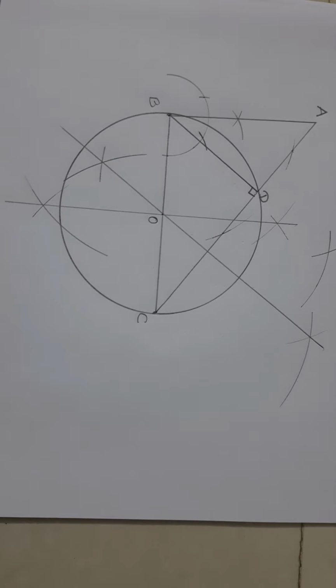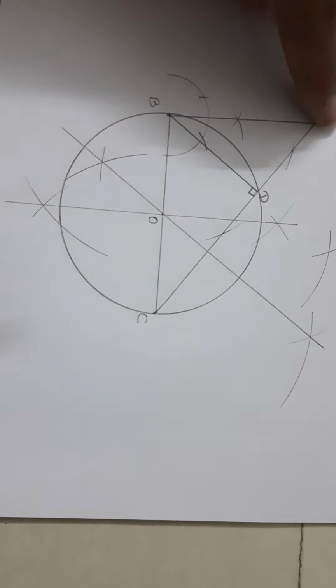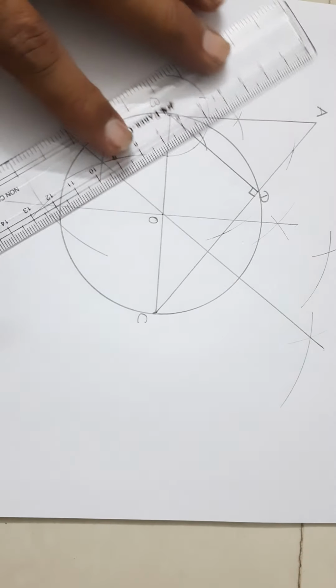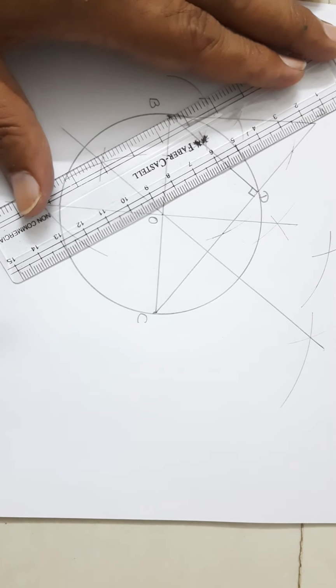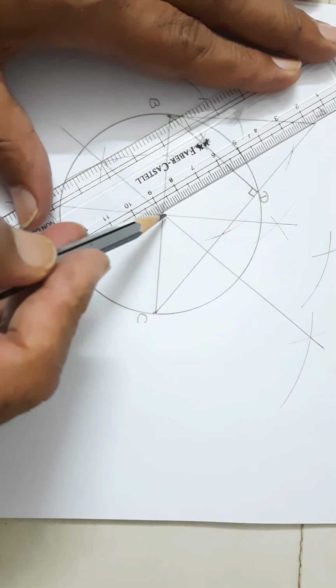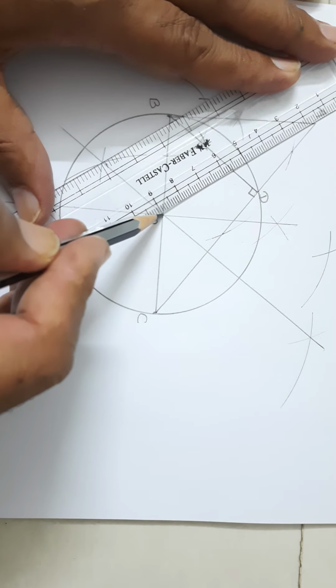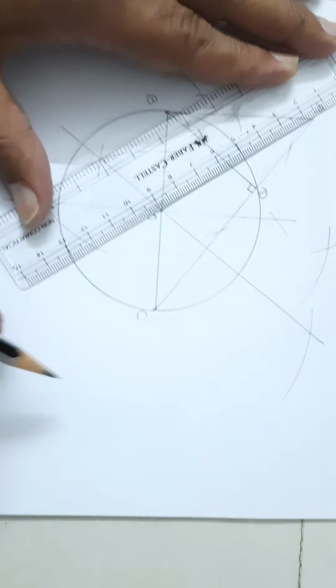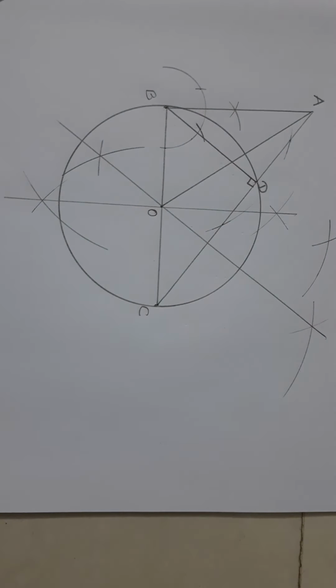Now it is said that from A we want to draw tangents to the circle which passes through BCD. For that we need to join the center with that external point A. So here I am drawing this line segment OA. We will now construct the perpendicular bisector of OA.